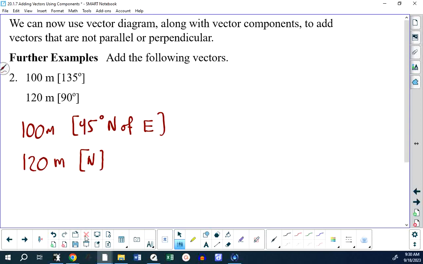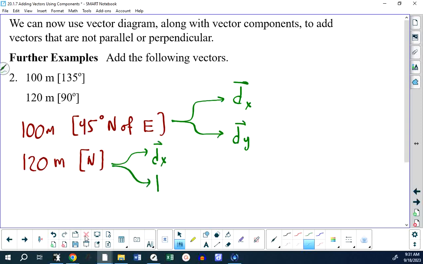So what I want to do is find a horizontal component of this vector and a vertical component of this vector, and a horizontal component of this other vector and a vertical component of it. So we are going to break this problem down, and change it from having two vectors to add together to having four vectors to add together.